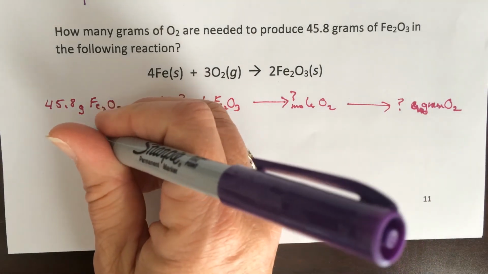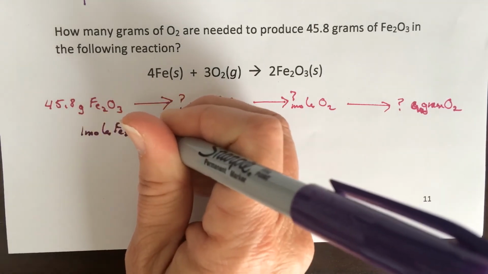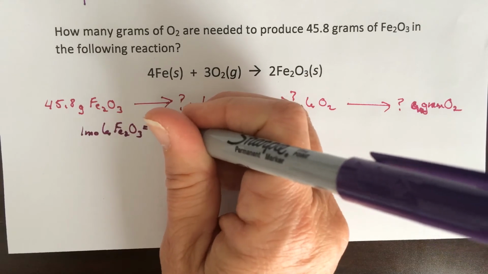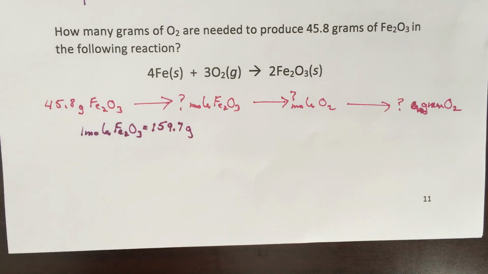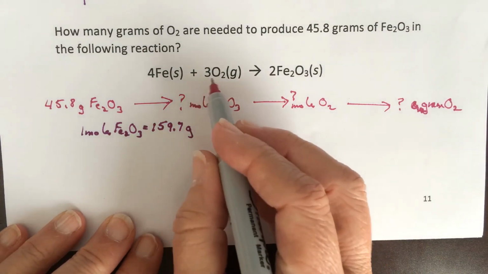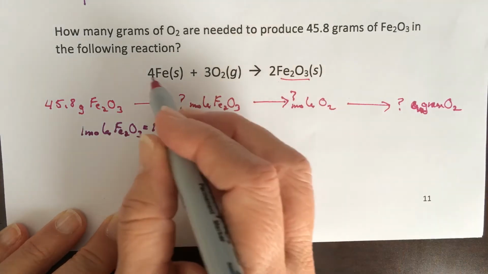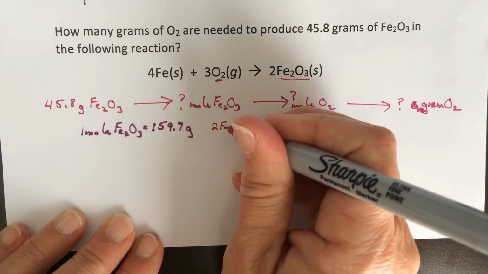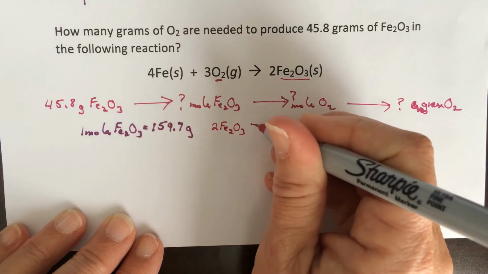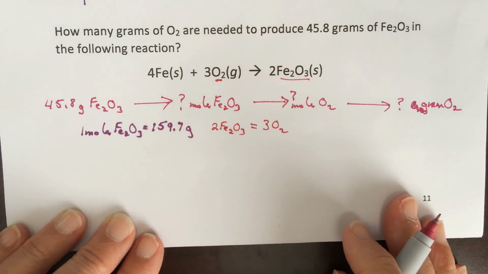We'll first need the molar mass of iron oxide. So 1 mole of iron oxide is 159.7 grams. We then know from this balanced equation, we're looking at iron oxide and oxygen, that 2 of the iron oxides are made for every 3 oxygens that enter the reaction.